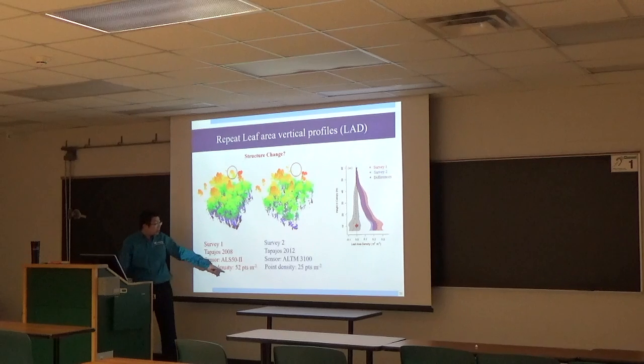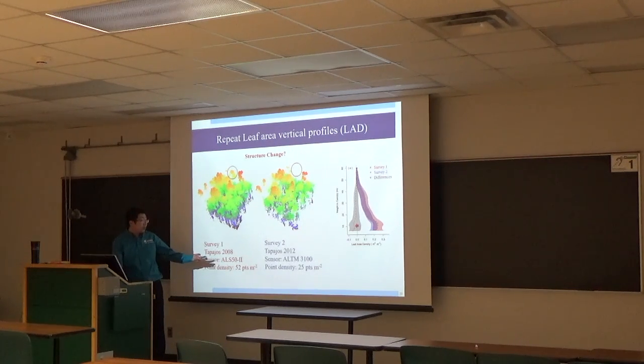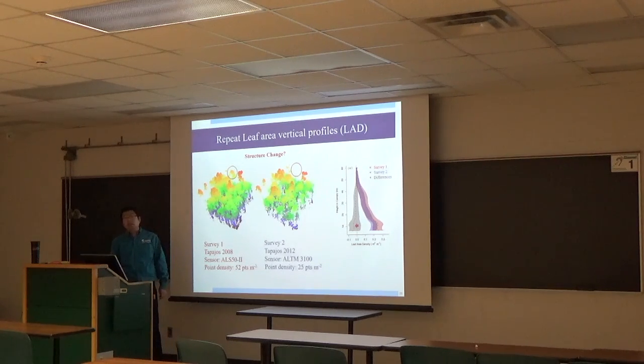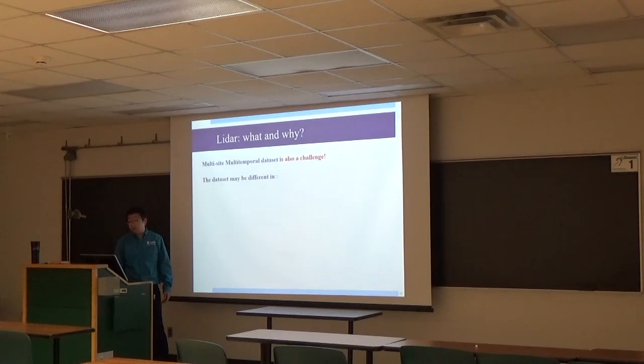Like this point density is 15 points per square meter. That one is 25 points per square meter. It's about twice as much at the second survey. So there may be something there that may affect the LAD profiles estimation. So that brings to my first case study.